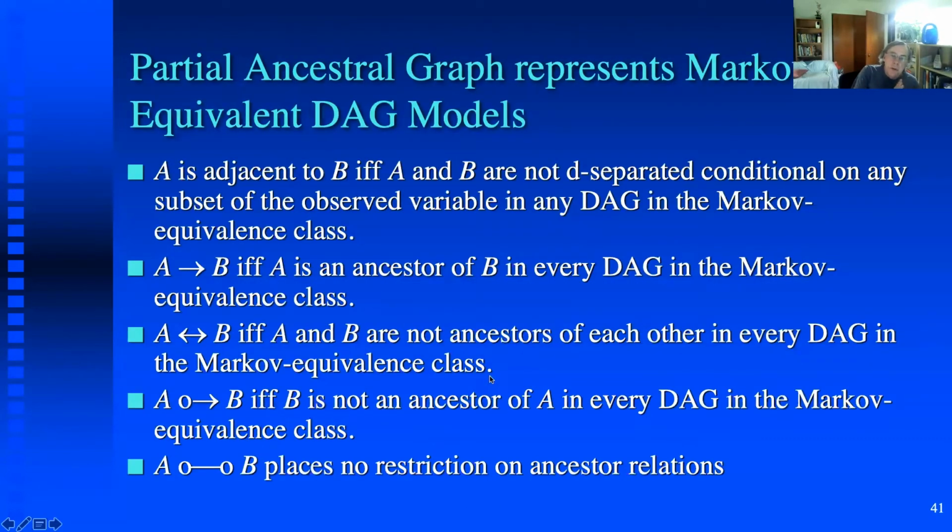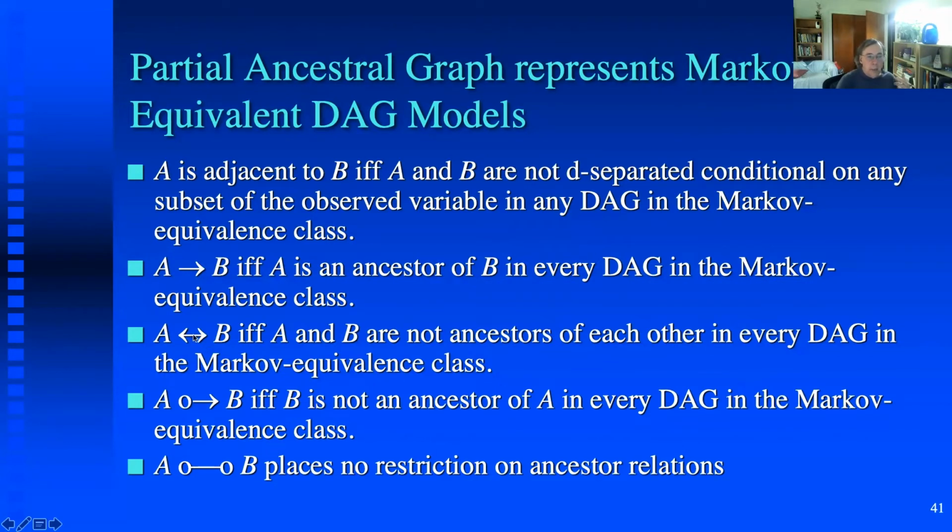So the partial ancestral graph basically says I'm going to have A adjacent to B if and only if they're not d-separated conditional on any subset of the observed variables in any DAG in the Markov equivalence class. I'm going to have A arrow B if A is an ancestor of B in every DAG in the Markov equivalence class, or I could say every MAG in the Markov equivalence class.